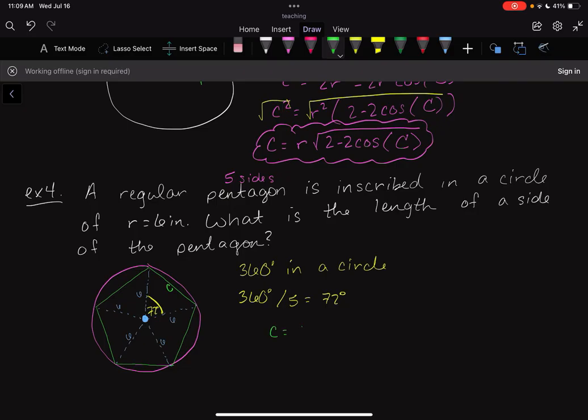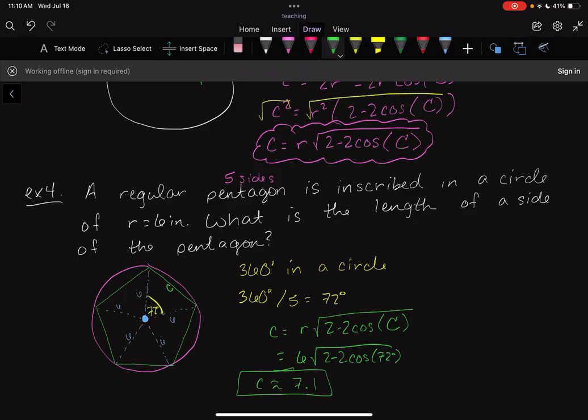C is equal to R times the square root of 2 minus 2 cosine of angle C, and I'm just plugging it in. I get 7.1 for my answer here. So that's roughly how long each of the sides of this pentagon is. And it's in inches because the radius was in inches.